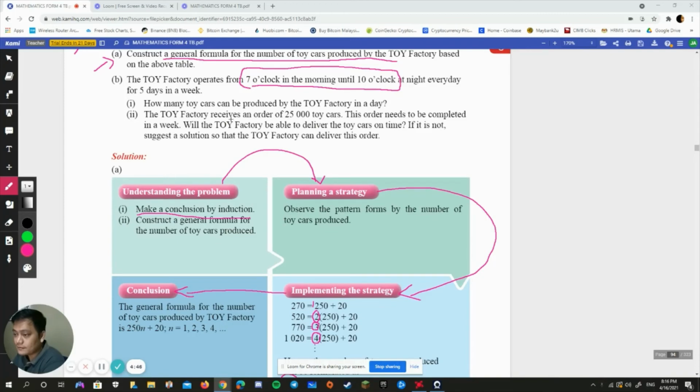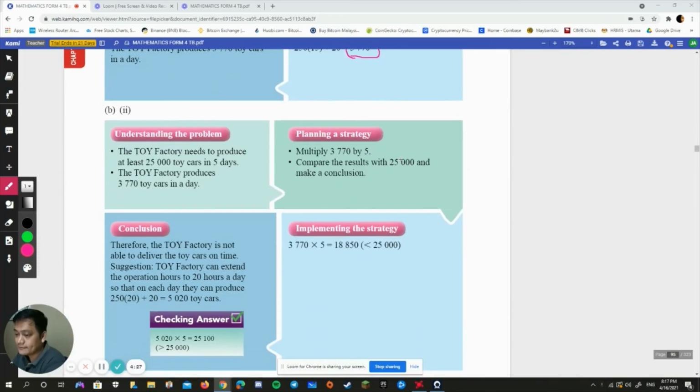The toy factory receives an order of 25,000 toy cars. This order needs to be completed in a week. Will the toy factory be able to deliver the toy cars on time? If it is not, suggest a solution so that the toy factory can deliver this order. Right, you understand the problem first.